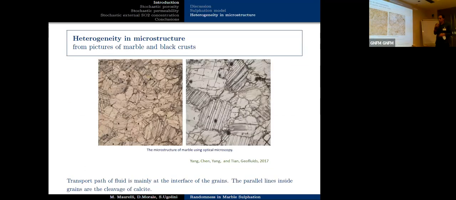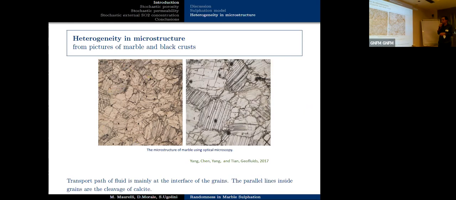Now, as I told you, there is a lot of heterogeneity. You can see this from these pictures, where you can also guess the microstructure of the materials. There is heterogeneity. Here you see a picture of marble.